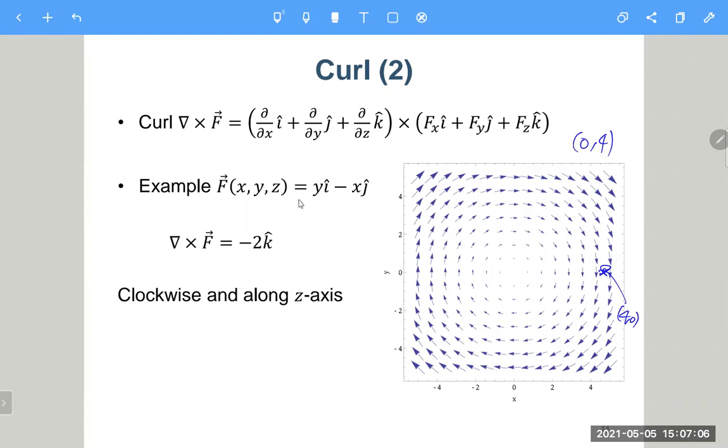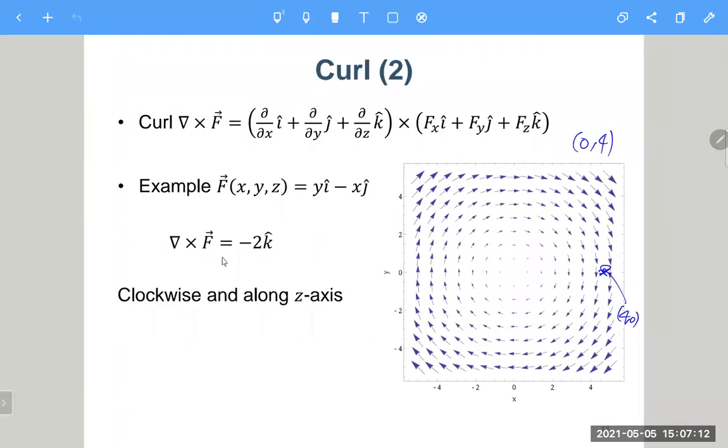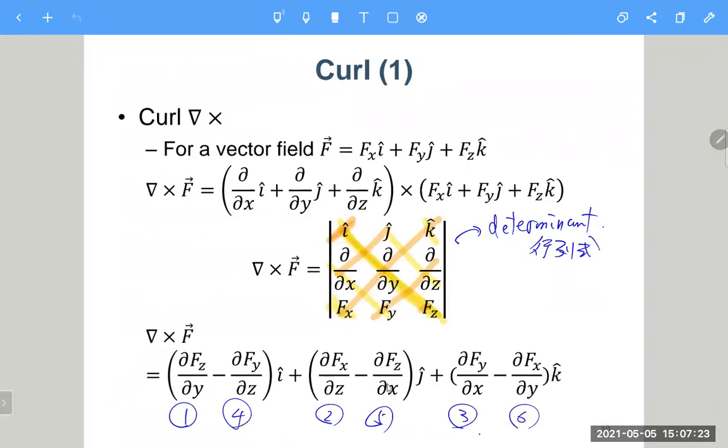And if we try to calculate the curl of F using this formula, it will be nothing but minus 2k. You just need to plug this in here.